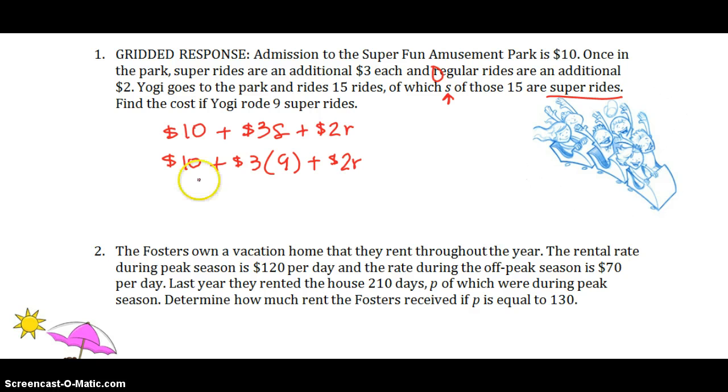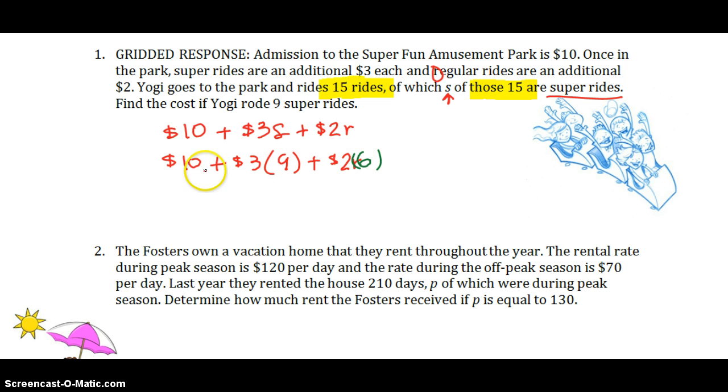To figure out his total cost, I need to know how many regular rides he rode. Well, it told me a couple of times here that he rode 15 rides. And of those 15, 9 were super rides. So that means out of 15, there's 6 left to be his regular rides, because 9 plus 6 makes 15.